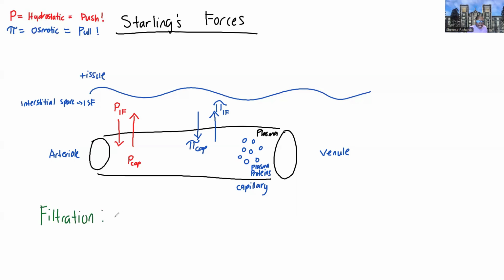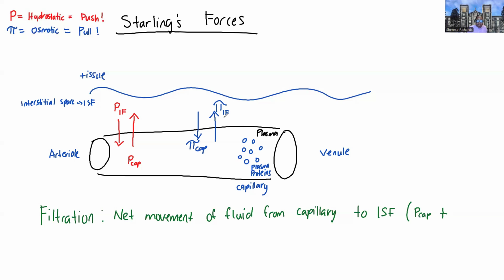Filtration, we said, is net movement of fluid from capillary to interstitial fluid space. And when we think about the forces that do that, that's going to be our hydrostatic capillary pressure and our osmotic interstitial fluid pressure. Those are both acting in the direction of filtration.